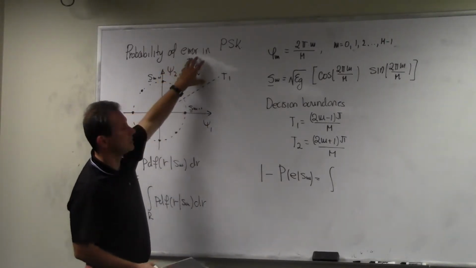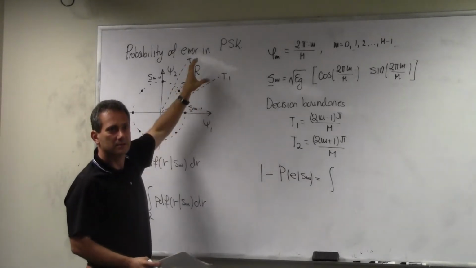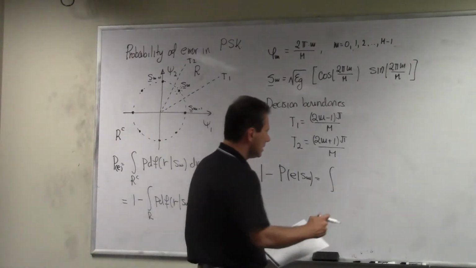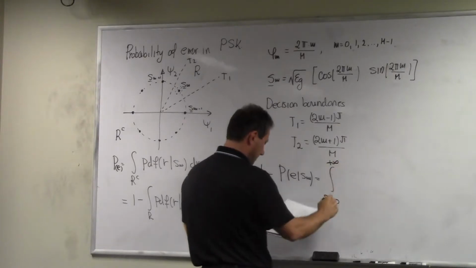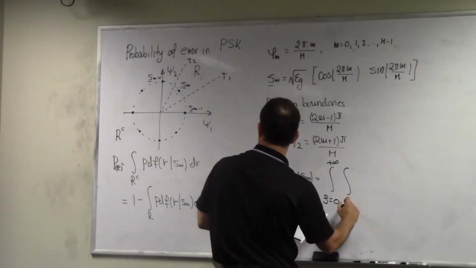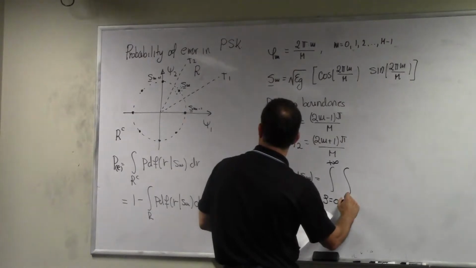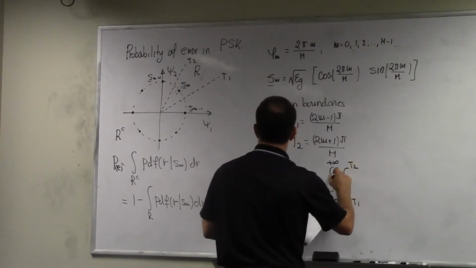So I'm going to integrate over this pizza slice, right? Infinite pizza slice. So I'm going to say rho goes from 0 to plus infinity, and then the angle phi goes from T1 to T2.